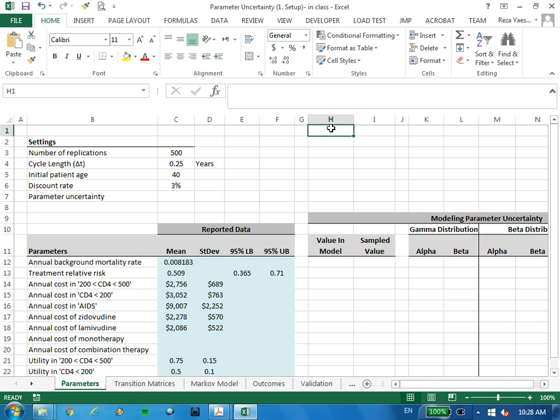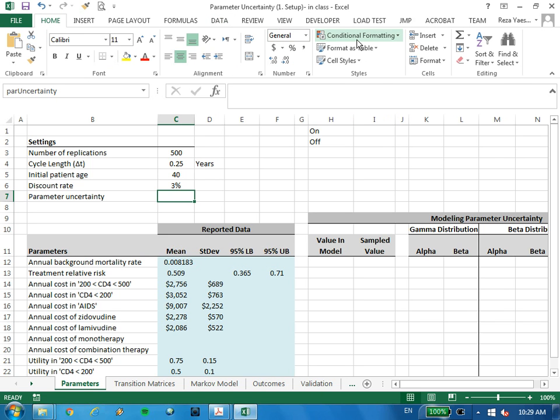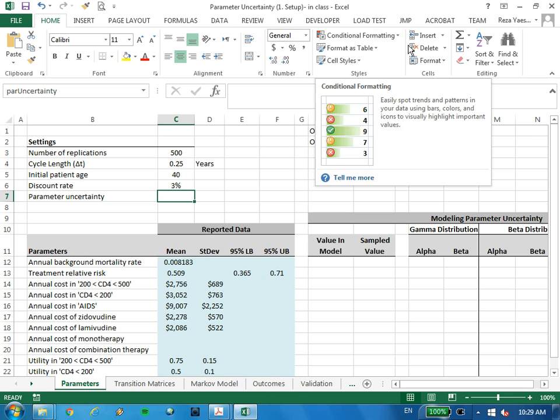So let's put on and off here, and I want to generate a list from which the user can specify whether the uncertainty analysis is on or off. So you can click on the cell C7. We go under data. Oh, if I remember, no. I think it was a little bit different.